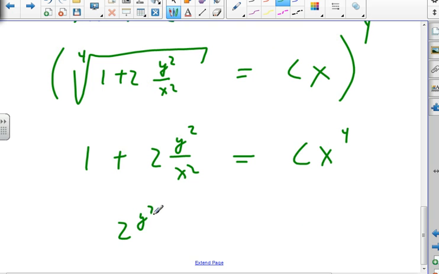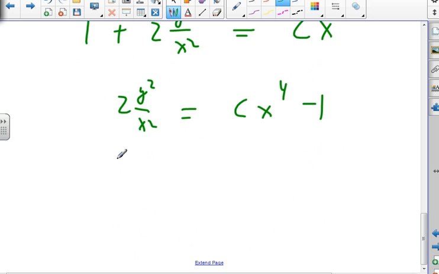Two y squared over x squared is equal to cx to the fourth power minus 1. So 2y squared equals cx to the sixth power minus x squared.